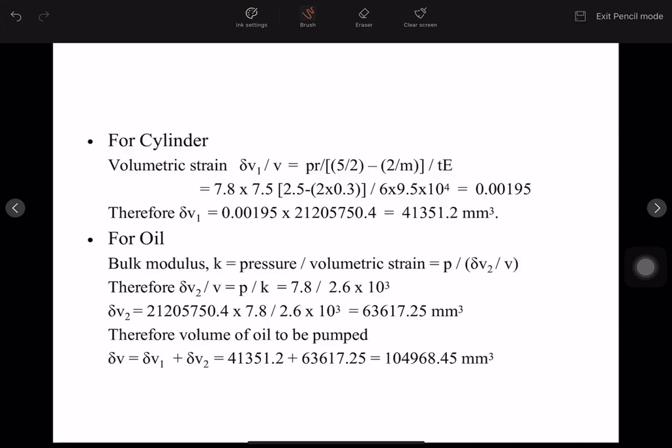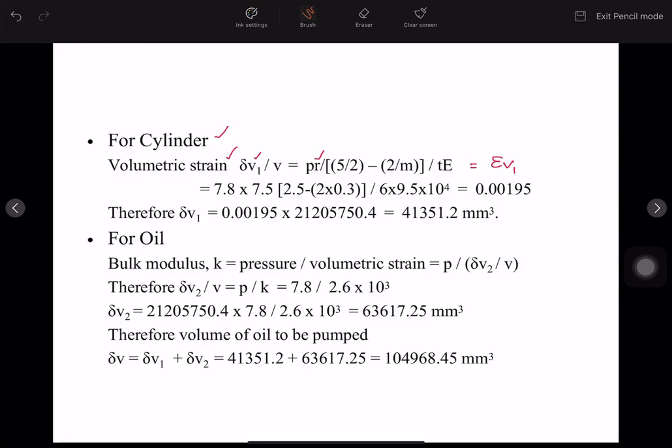For the cylinder, volumetric strain is equal to delta V by V. For the cylinder you can mention it as delta V1, which is equal to epsilon V1, that is PD by 2TE, where D by 2 can be written as R, the radius, one and the same, into (5 by 2 minus 2 mu).